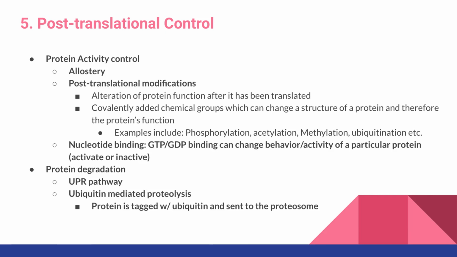Like we went over with the import and export sequence, GTP and GDP can change the behavior of that protein. And then there's the degradation pathway, ubiquitin-mediated proteolysis. Sorry if I said that wrong. I don't know if you need to know the specifics, but I remember from intro bio that it was 4 ubiquitins to tag it for degradation.